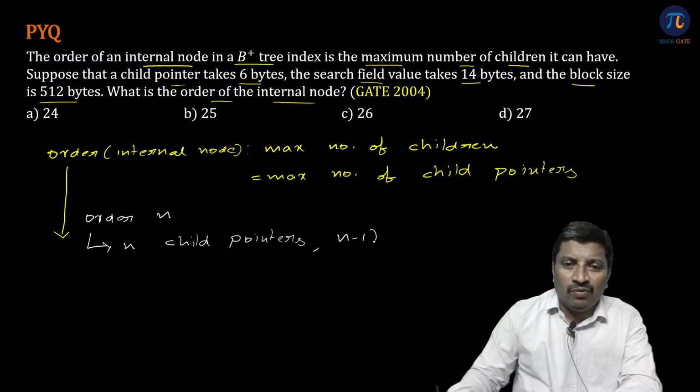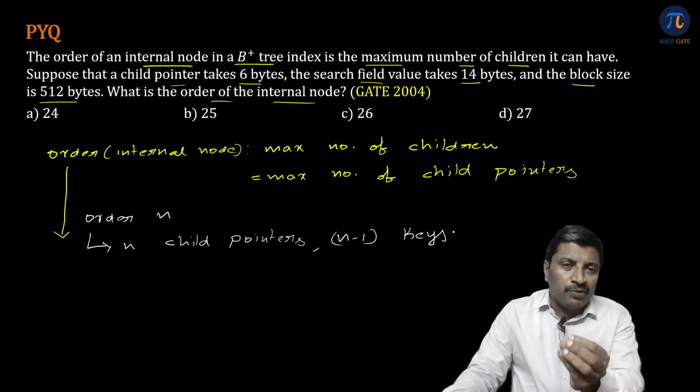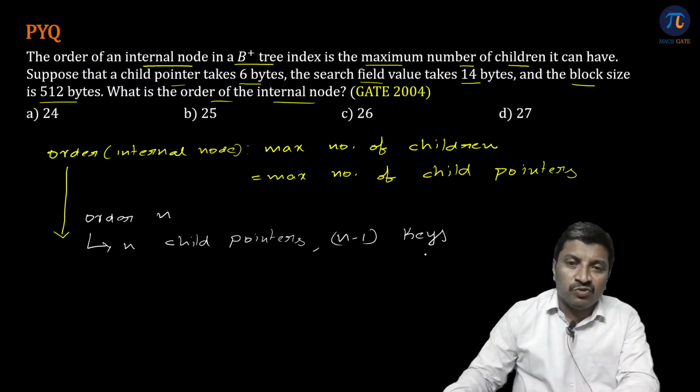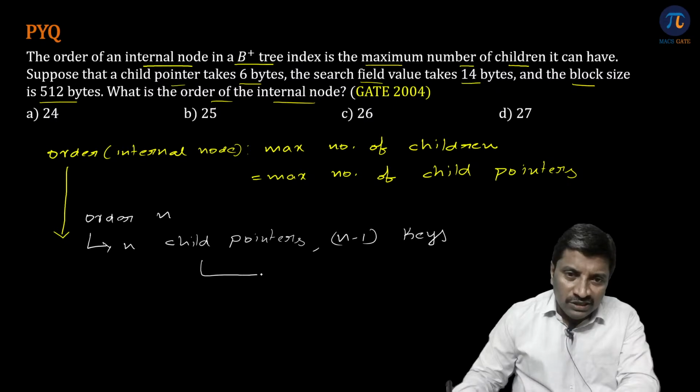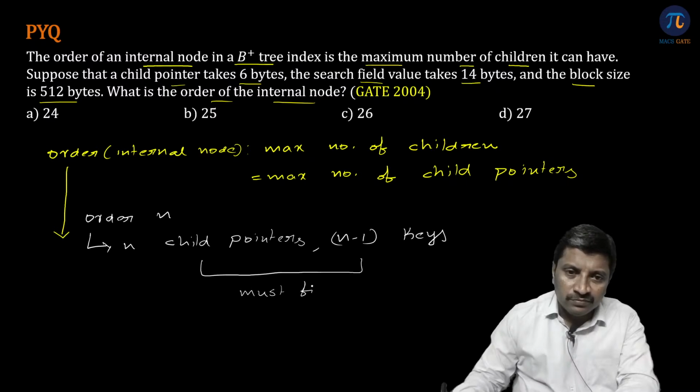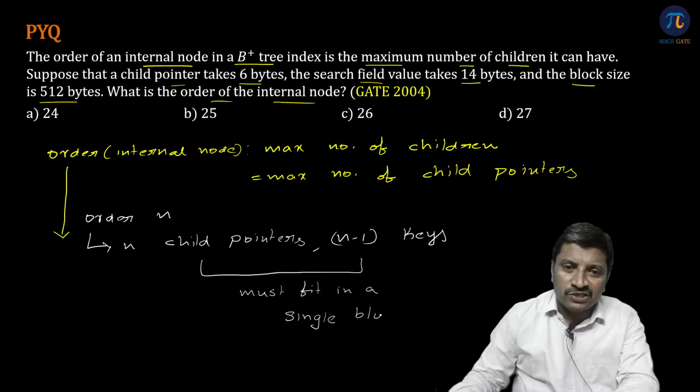It will have n minus 1 key values. It doesn't have any pointers to the data blocks because it is a B plus tree. So this is the only story you need to have. All of these must fit in a single block. So they have given the block size also.